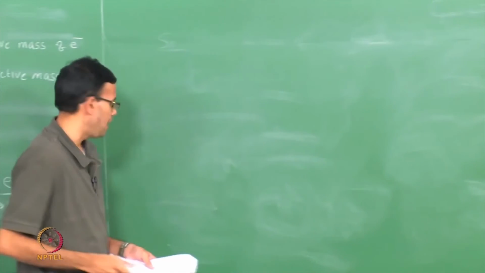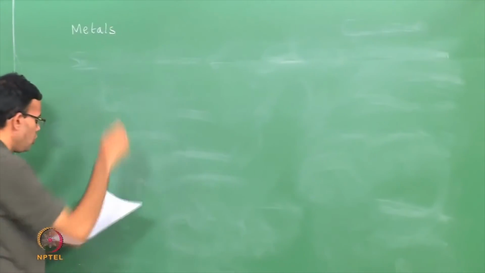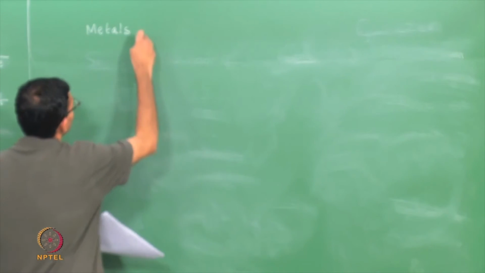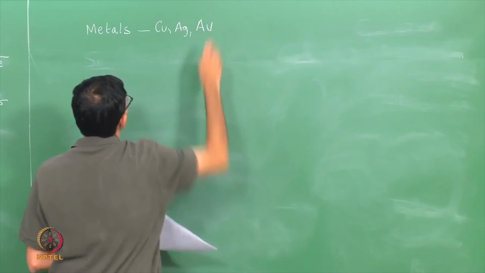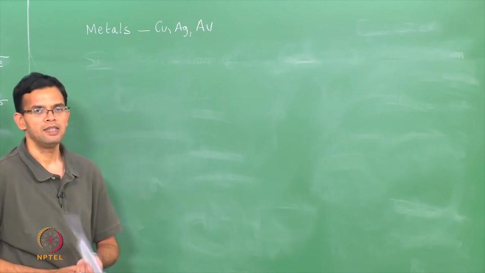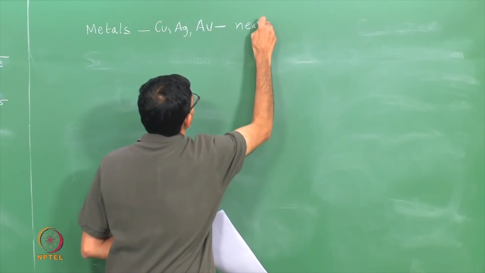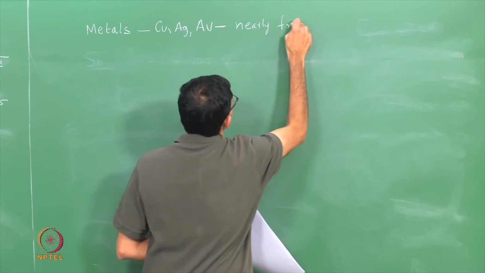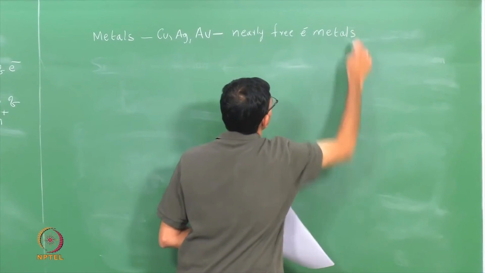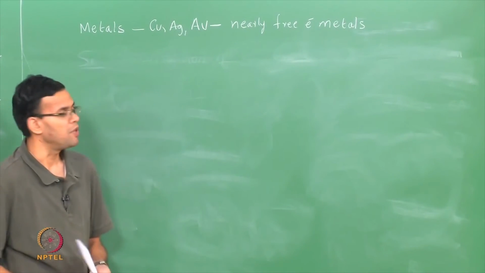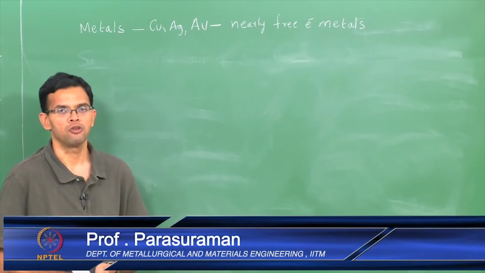So, we will start with metals. We look at metals like copper, silver and gold. So, these metals are called nearly free electron metals. In this, we can describe the behavior of electrons in them, typically the valence electrons, by a nearly free electron model.